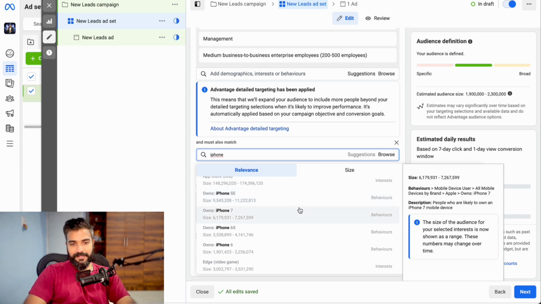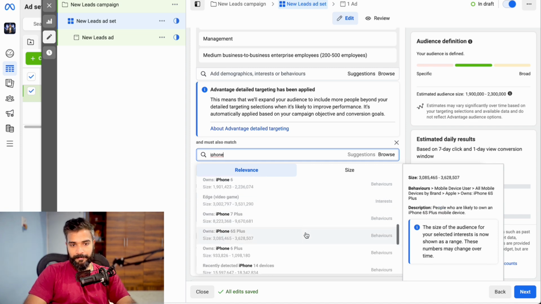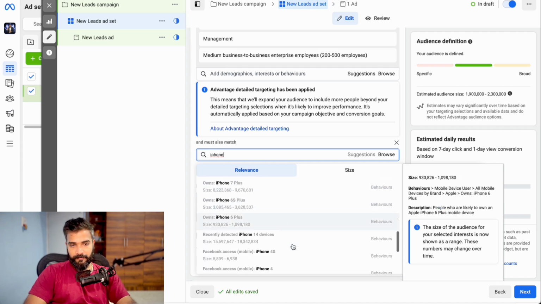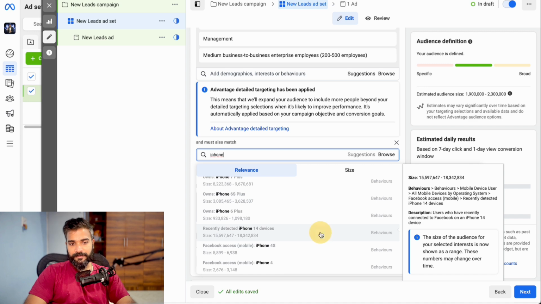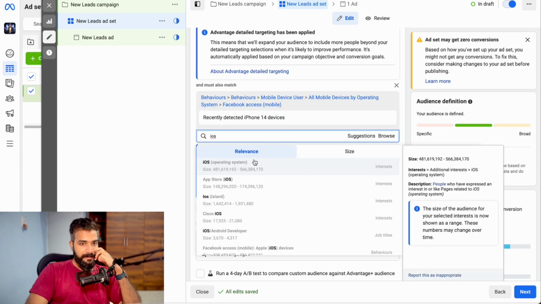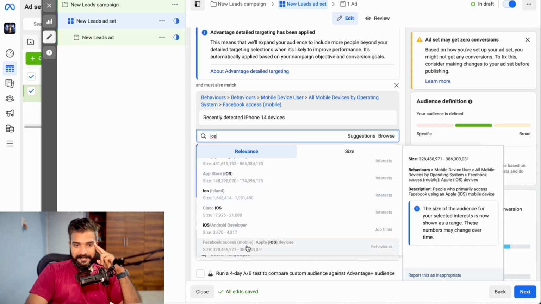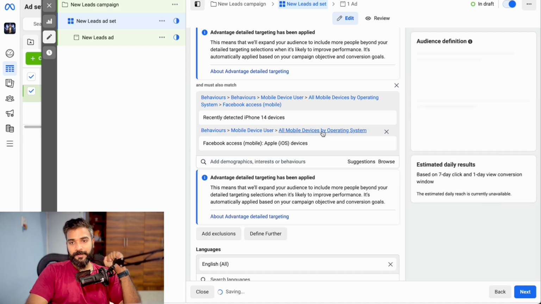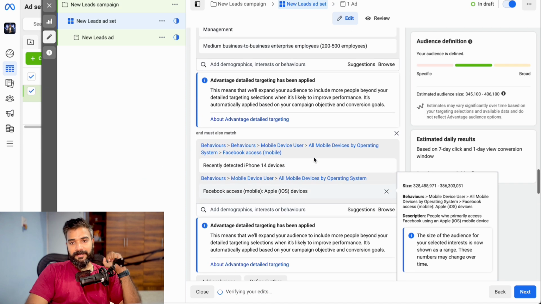It's the old iPhones, I won't pick that. I would pick recently detected iPhone 14 devices, right? Oh, by the way, I can also search for iOS. Avoid interest. Facebook access. They're using Facebook with an iOS device. This is a pretty good filter here to find out the right audience.